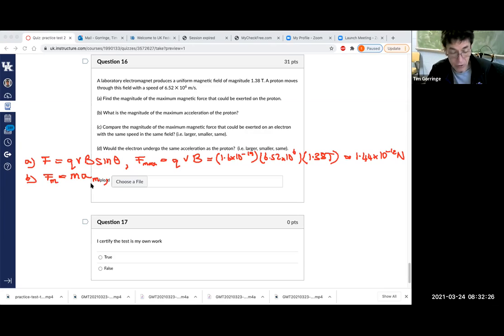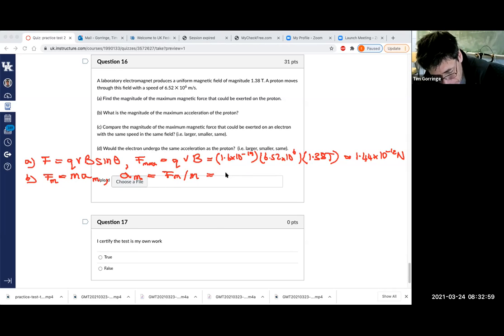All we have to do to solve that is to turn around Newton's second law, F equals ma, that relationship between the force that creates the change in motion and the change in motion, the acceleration itself. And the maximum acceleration will be the maximum force divided by the proton's mass. And you see here, more force makes more acceleration. More mass or more inertia would make less acceleration.